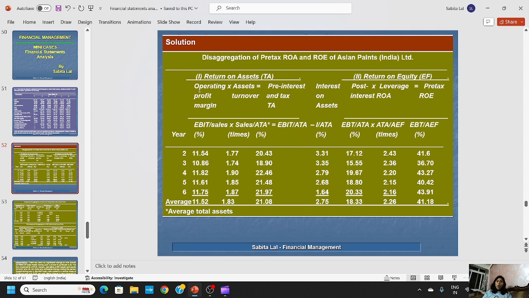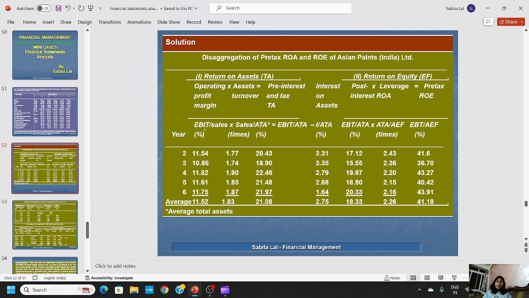So ROA is your operating profit margin into asset turnover, that is equal to EBIT by sales into sales by ATA, and that is equal to EBIT by ATA minus IA by ATA. So here is the interest on assets, and the second is your ROE, that is again post-interest ROI into leverage, that is equal to pre-tax ROE.